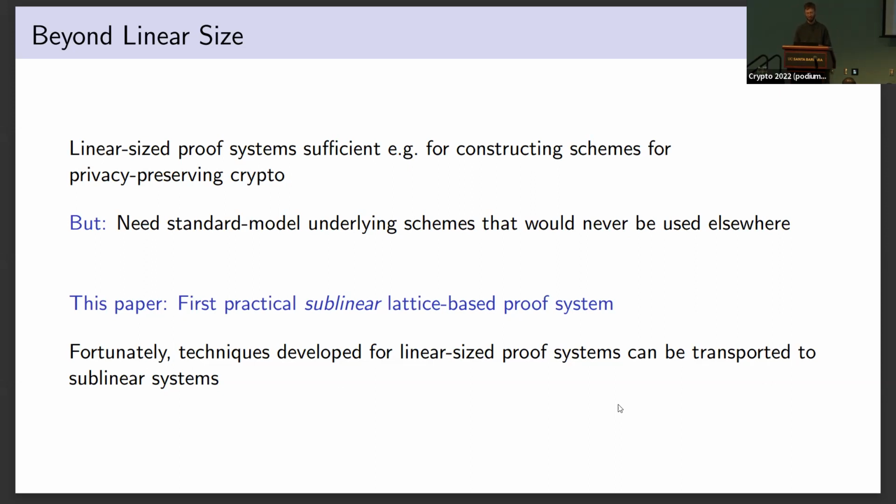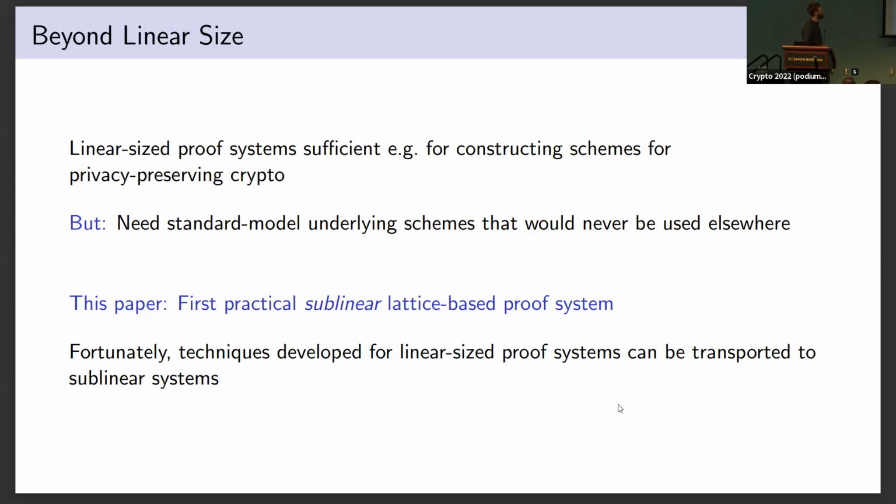And so one ends up with schemes that would never be used outside of these privacy-preserving schemes. A much better situation would be if one could just use some standard signature, for example Dilithium or Falcon, that are now coming out of the NIST competition, and use them as a black box, and then maybe also a black box proof system that just proves these schemes.